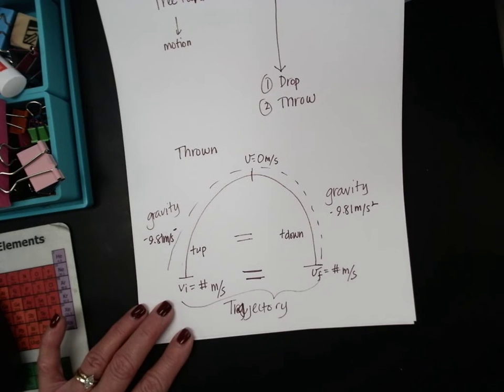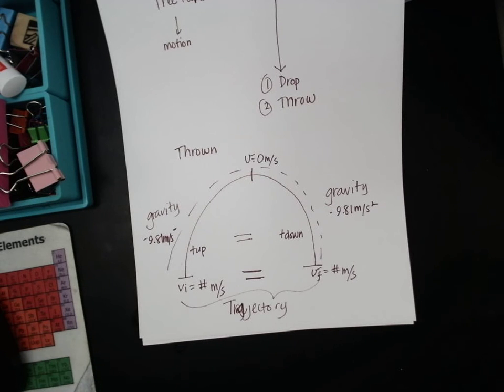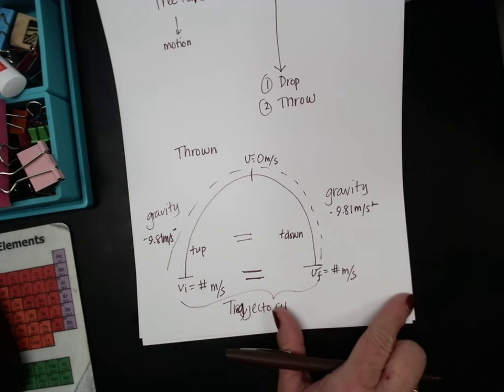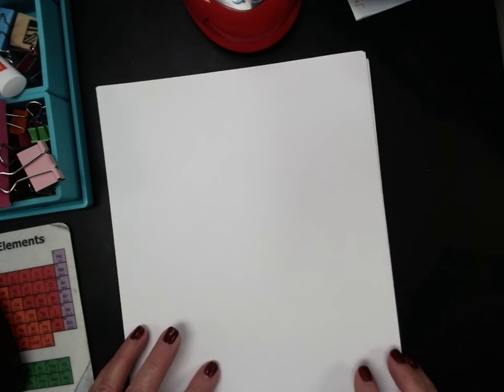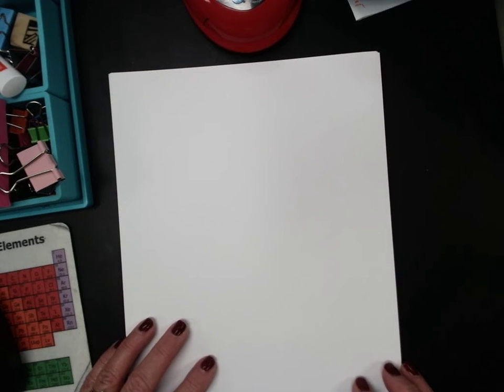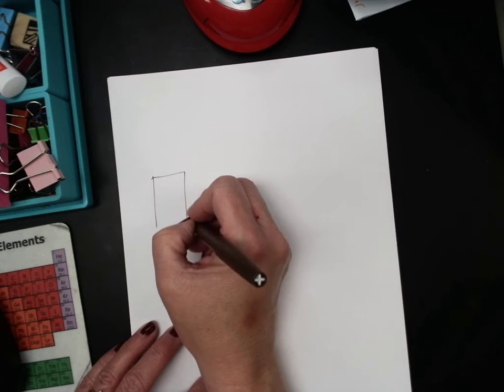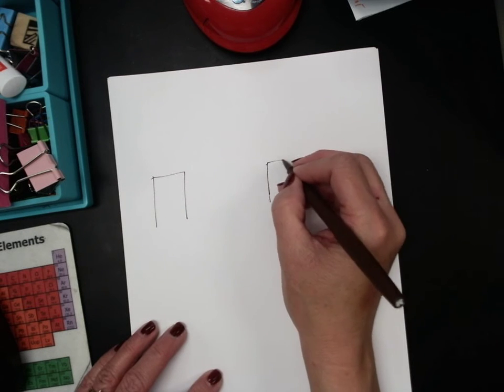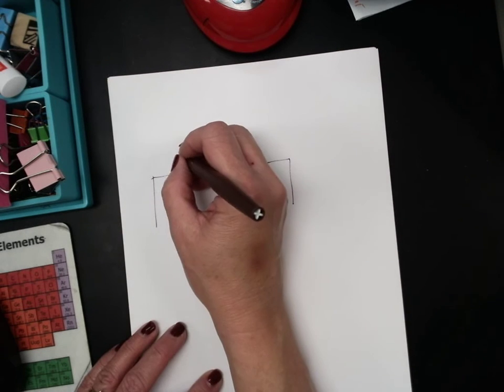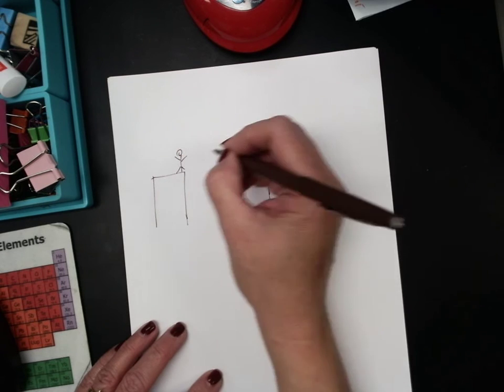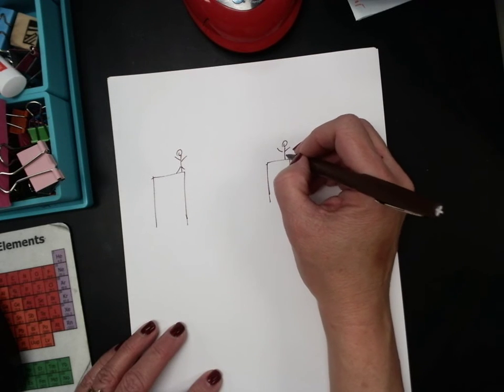Okay. The other thing that I have to think about when I'm thinking about how this object is moving is perhaps I have an individual, we'll say, that's standing on the top of a building. Okay, there they are.